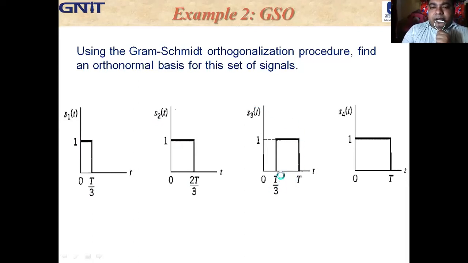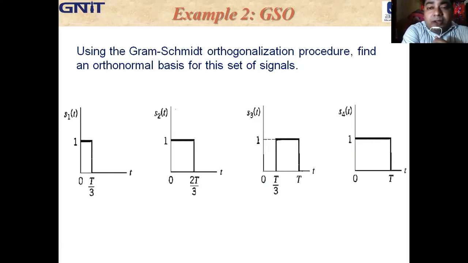S3(t) exists for T by 3 to T and it has an amplitude of 1 unit, and S4(t) exists for 0 to capital T and it has an amplitude of 1 unit.